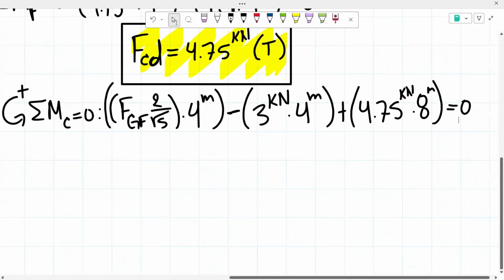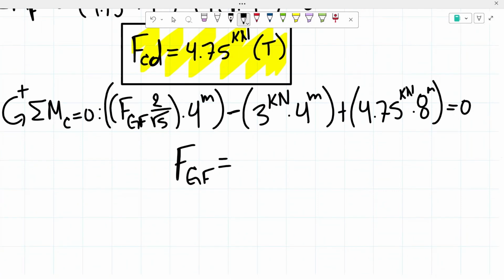From there, we simply just solve for the force of the bar GF. So the force of the bar GF comes out to have a value of negative 4.84 kilonewtons. Since we got a negative number, that means that we assumed incorrectly, meaning that this bar is actually going to be in compression.